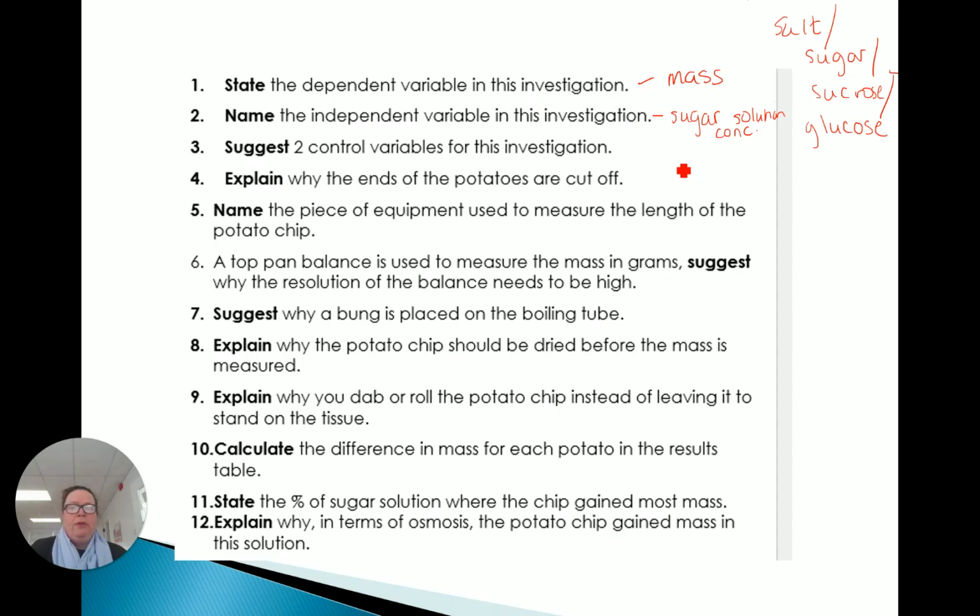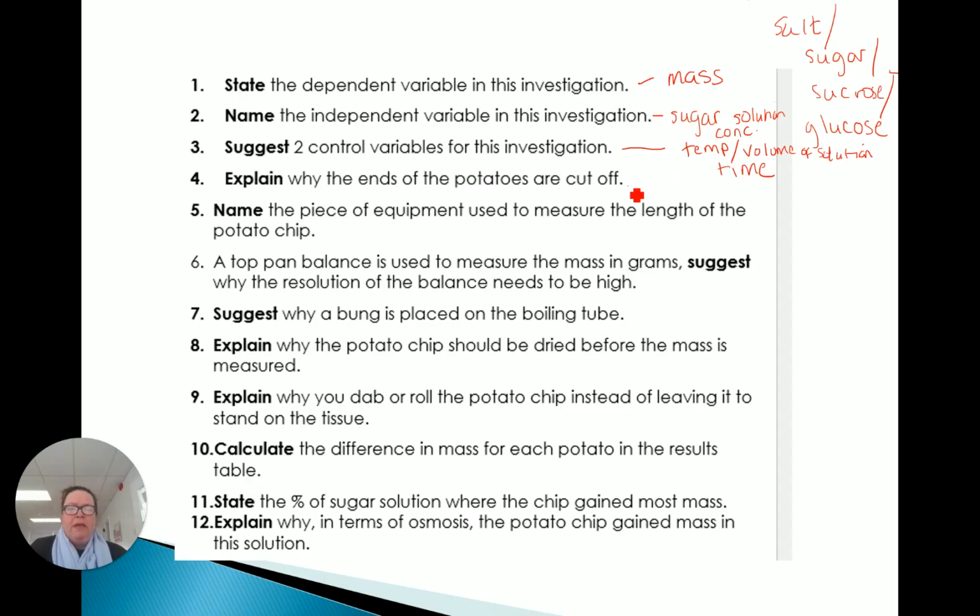It could be salt depending on the experiment. Now, 2 control variables. So things we need to keep the same to keep this a consistent test. We should have temperature, should be the same. Volume of solution. Time left in there. Okay, there's probably more, but that's 3 perfectly acceptable ones.